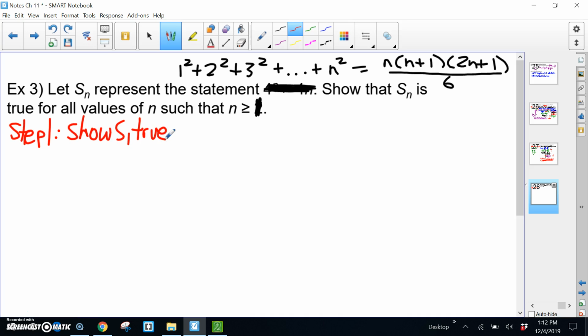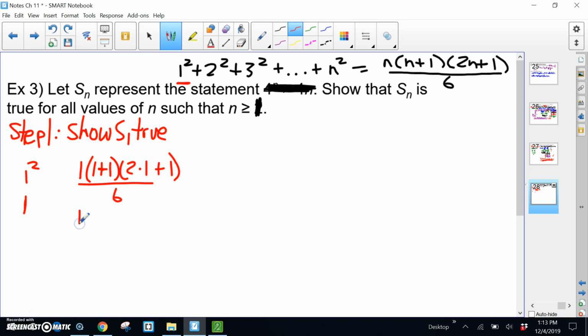So for S1, look at the first statement, the first term, the first sum, 1 squared is going to equal 1. Then look over on the other side and plug in n equals 1. If you plug in n equals 1, you'd have 1 times 1 plus 1 times 2 times 1 plus 1 over 6.